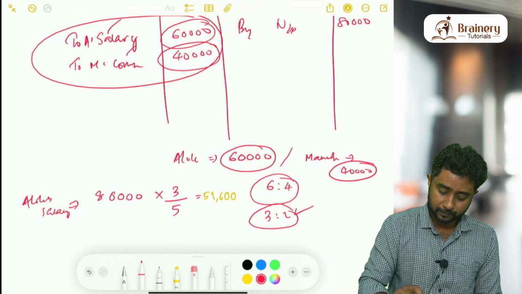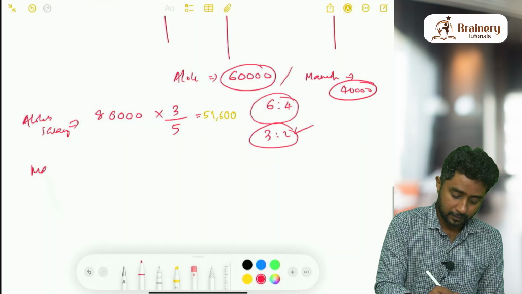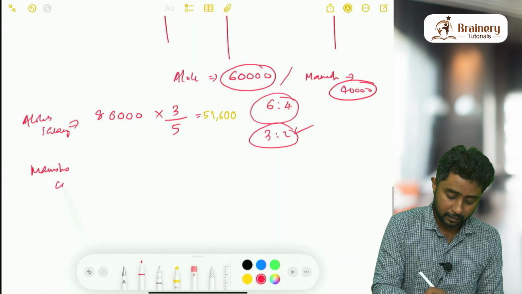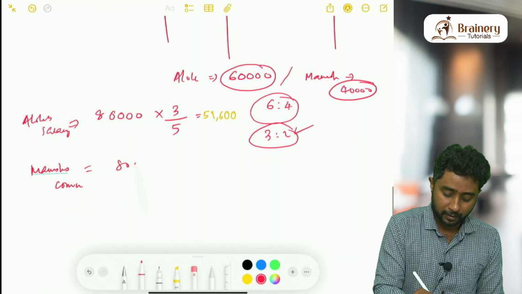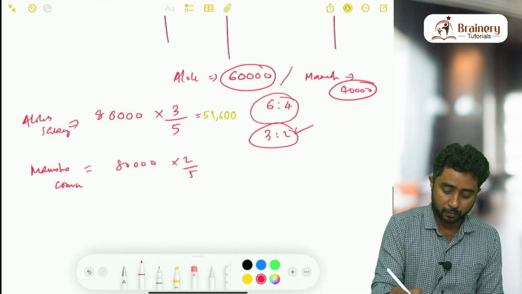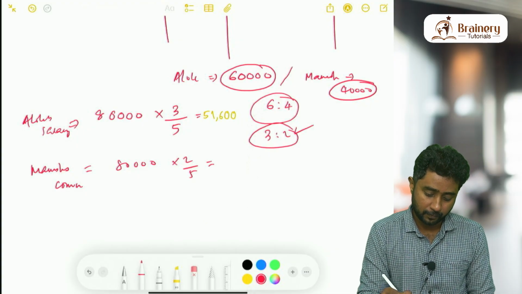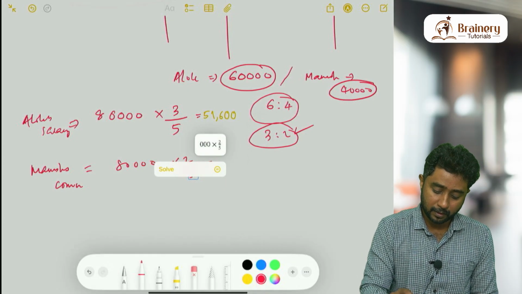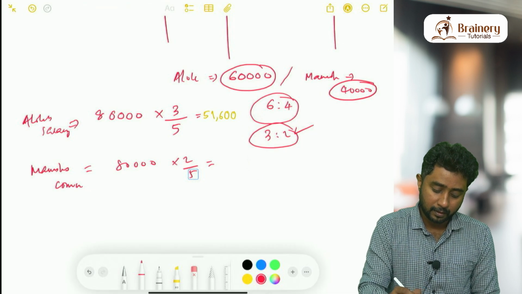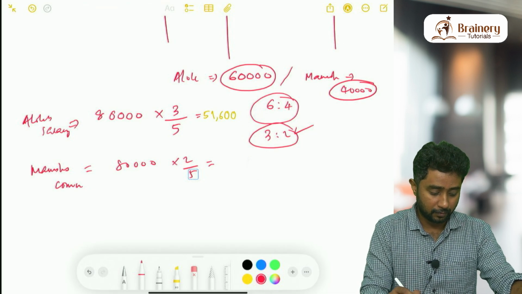Similarly, to find Manish's commission, again 80,000 into 2/5 should be done.